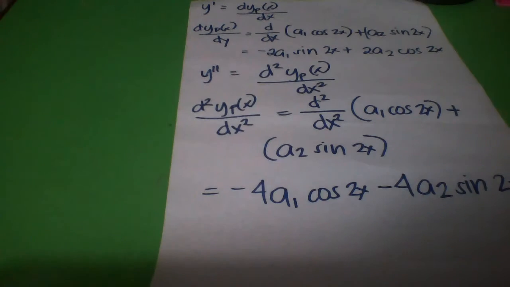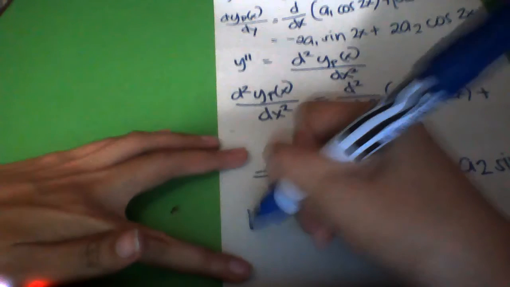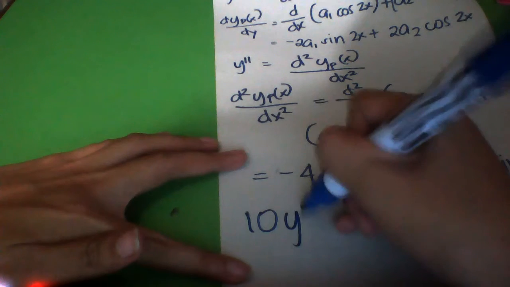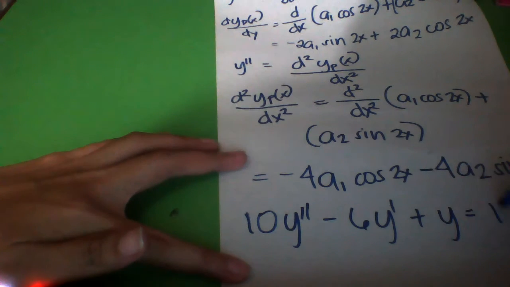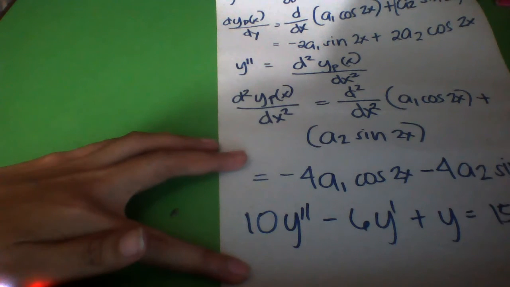Then by substituting, y double prime minus 6y prime plus y is equal to 15 sine 2x.